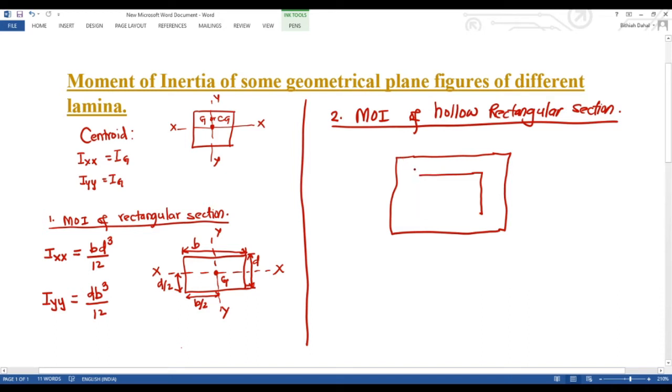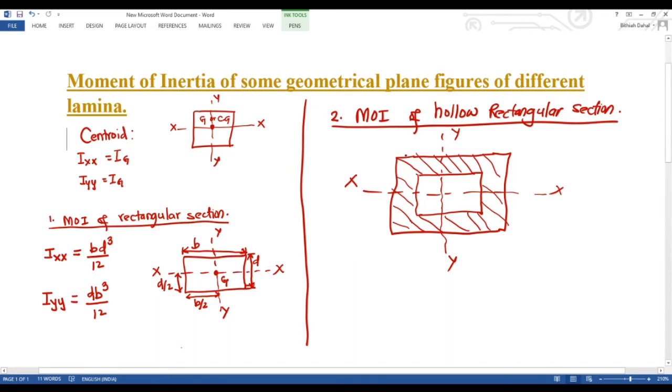Let's say that only this part is solid, and let us say that the y-axis is running from here and the x-axis is running from here. This means that in this portion here there is a hole.